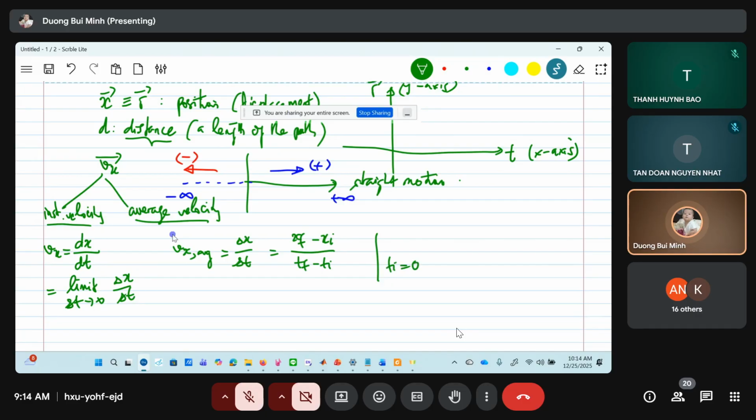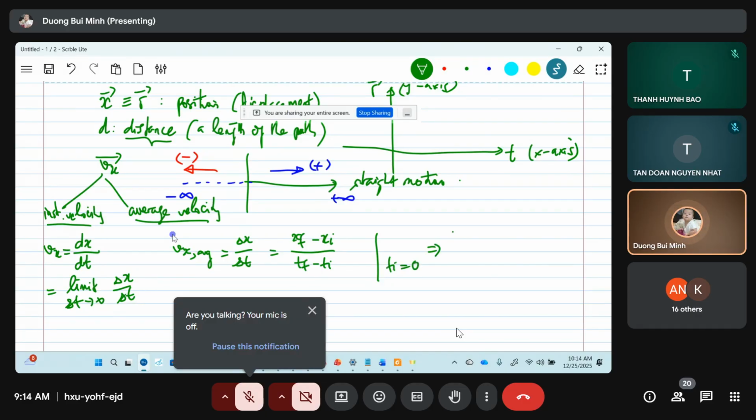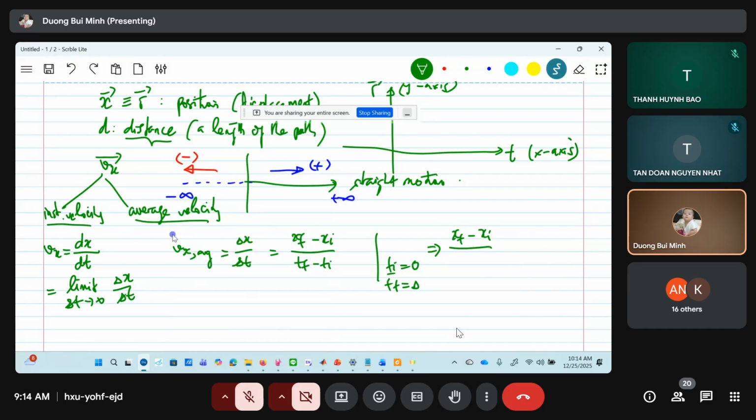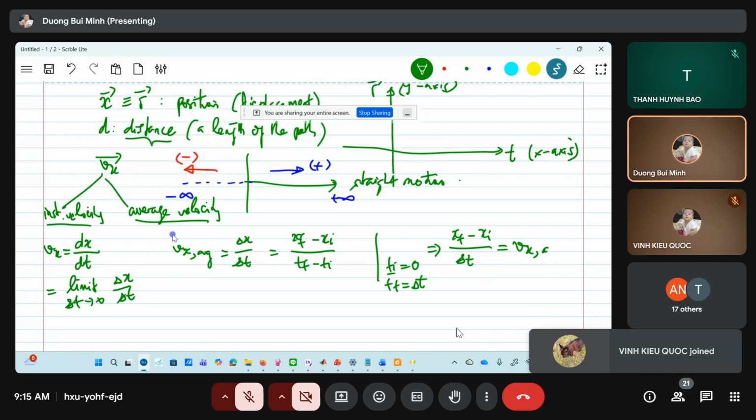Normally at the beginning ti is 0, so tf means delta t. So we have xf minus xi over delta t as vx average.